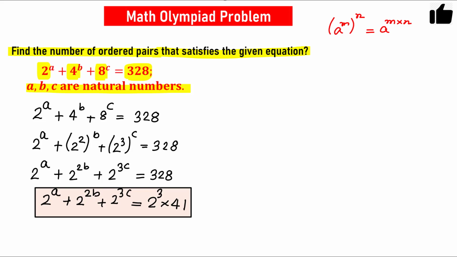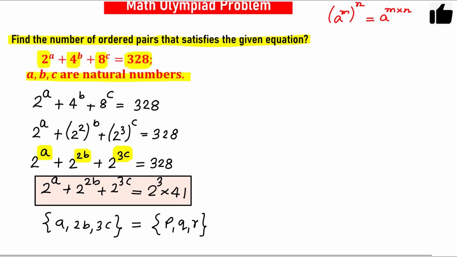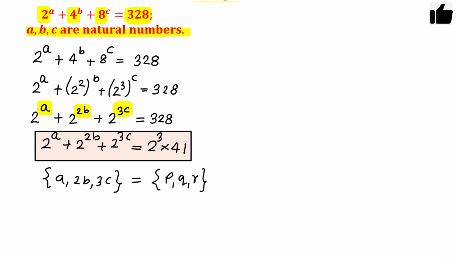Now see this equation we have. Basically we have three things: a, 2b, and 3c. So let us say the set of a, 2b, 3c can be written as p, q, r. I am introducing the new terms p, q, r, and this does not necessarily mean a belongs to p and b belongs to q.